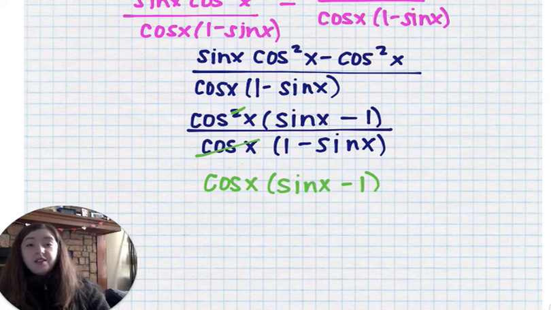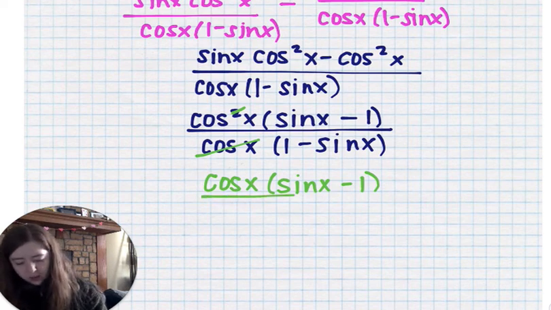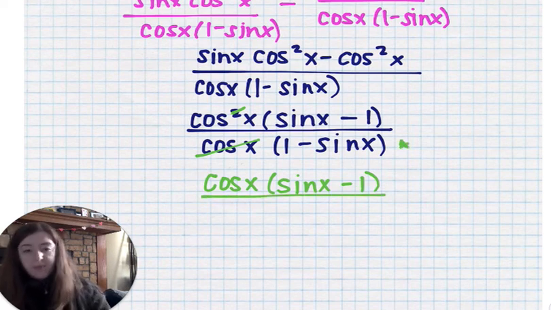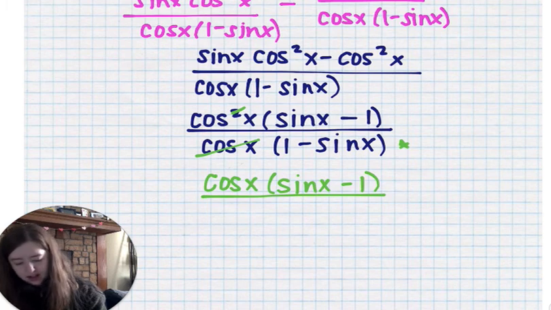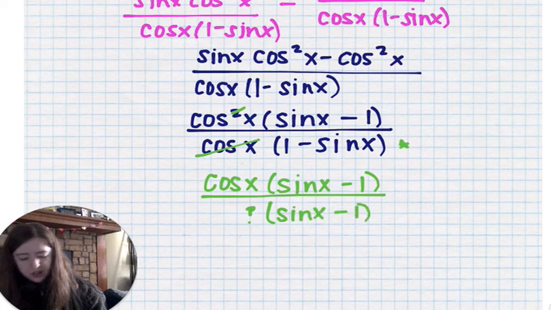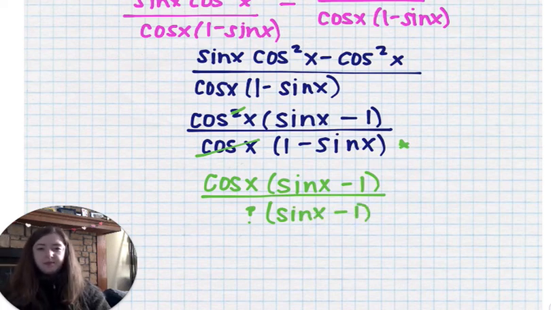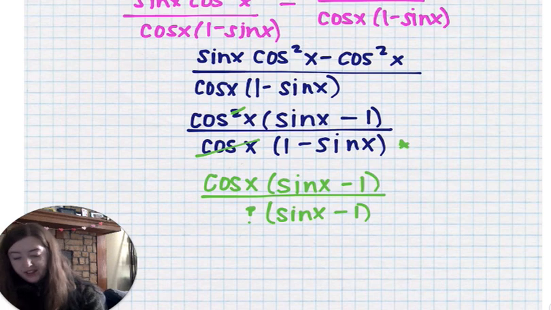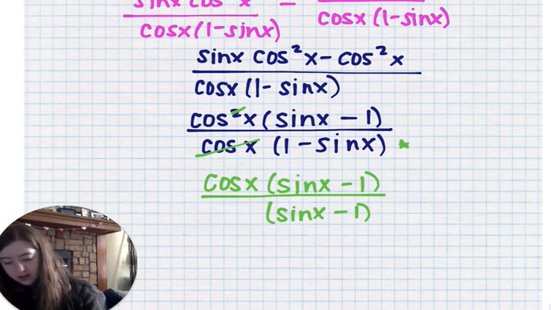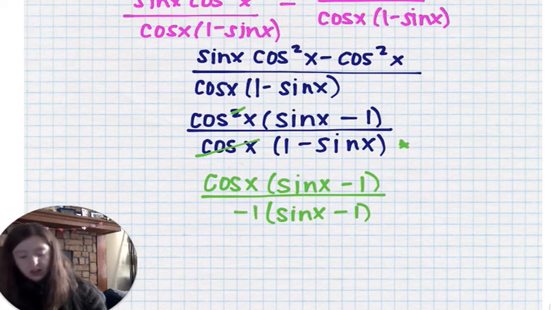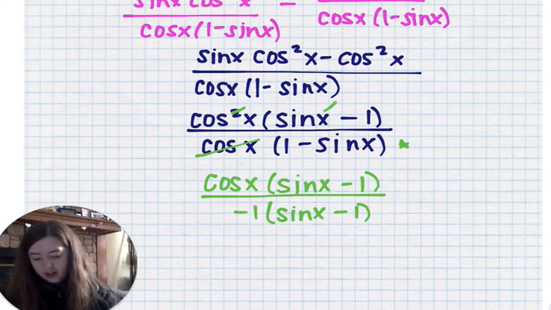Now, here's something that I would love for you to notice. How could I rewrite 1 minus sine of x as some number times sine of x minus 1? Yeah, that number would have to be negative 1. And here's why. The sign on top up here is positive.